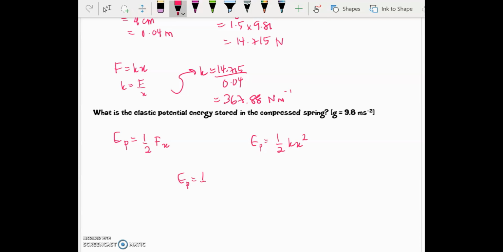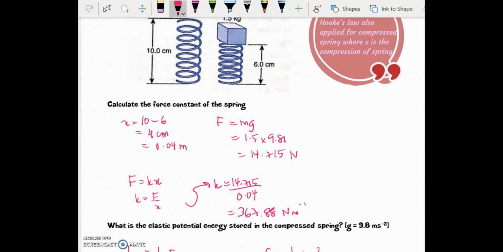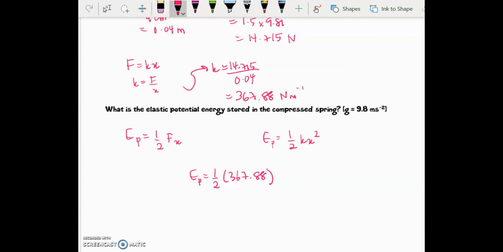EP equals half times 367.88 times x squared. So x is given, 0.04 squared. So you'll get 0.294 joule.